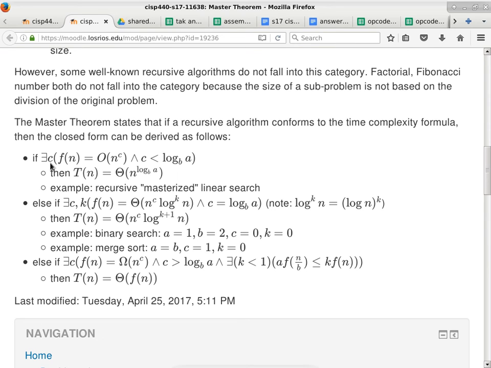Okay, that's a lot of mumbo jumbo, isn't it? So the first thing we want to do is see if binary search falls into this category. What do you think?